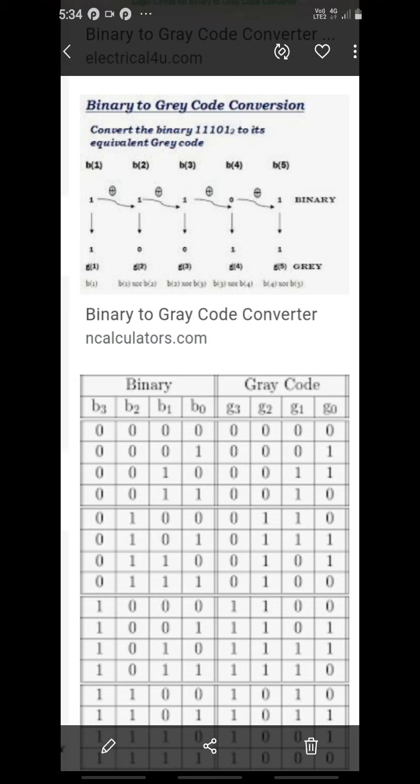Continue this till the LSB is reached. So in the given table, the binary is 0000 and the gray code is 0000.